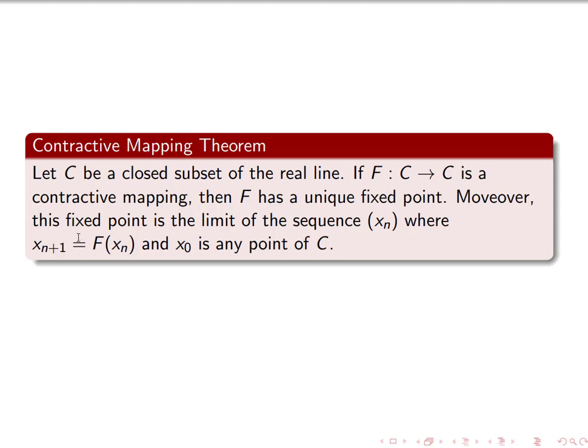Moreover, this fixed point is the limit of the sequence x_n, where x_{n+1} is equal to F of x_n, and x_0 is any point of C. So the contractive mapping theorem says, hey, this iteration is going to converge.